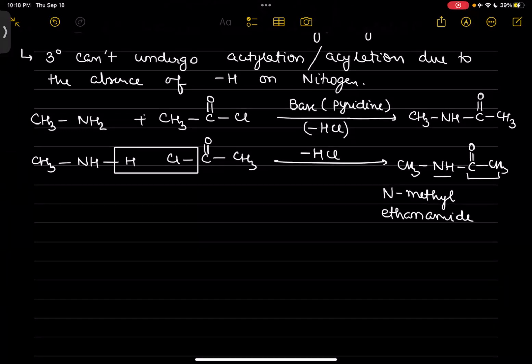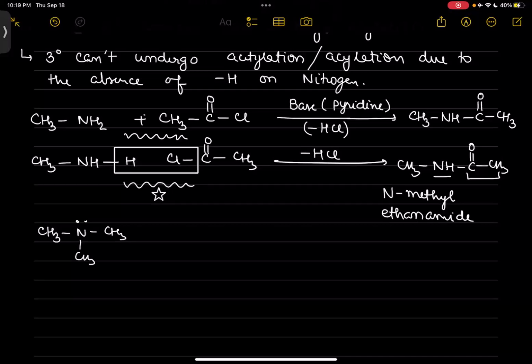If I write the structure of a tertiary amine, is there any hydrogen which can be removed? Look what we are doing.